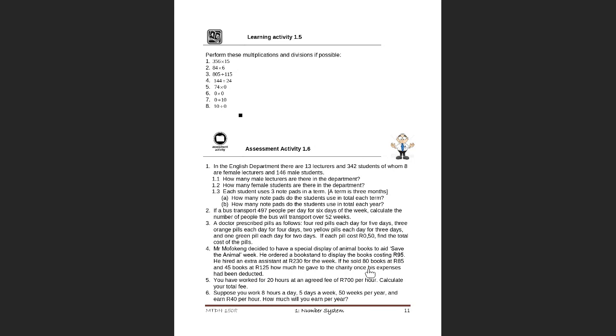That gives us 1,600, yes, it's per week. Then it will be 1,600 times 50 weeks per year, and then it will give us 80,000 per year.